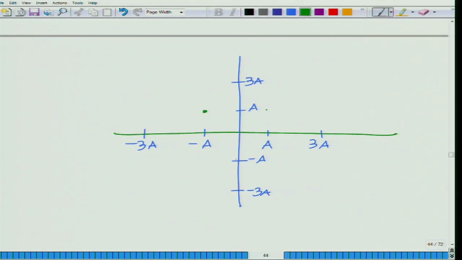So, this corresponds to the point A, A, this corresponds to the point minus A, A, similarly 3A comma A. Of course, we are considering M equal to 16. So, naturally, this will have a total of 16 points in the constellation. Okay.